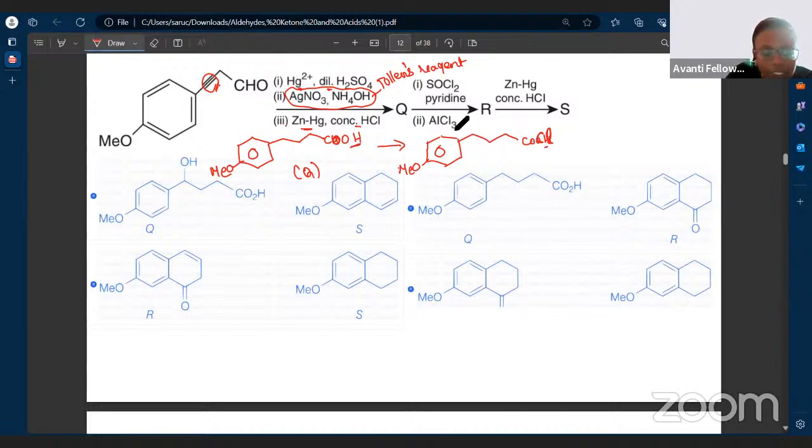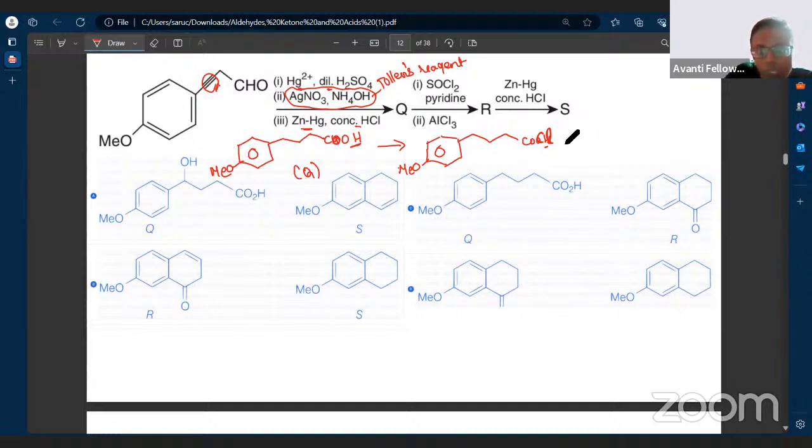Now you are reacting it with aluminium chloride. When you react with aluminium chloride, what will be the product you will be getting? Okay, it is not anhydrous aluminium chloride, it is aluminium chloride. So when you react with aluminium chloride, what will you be getting?